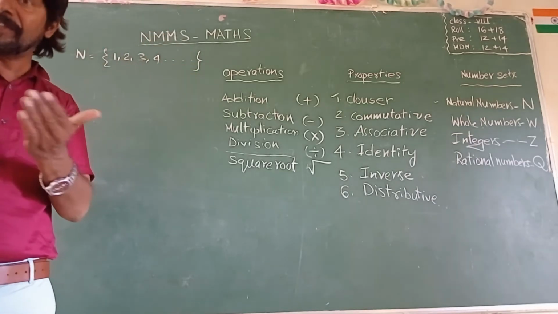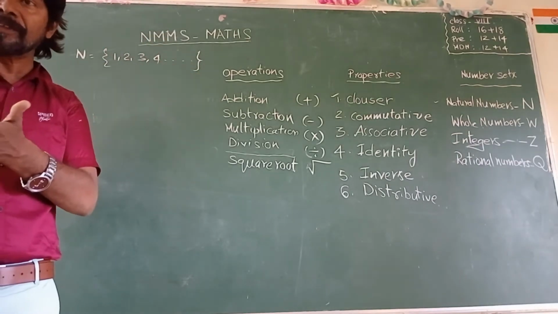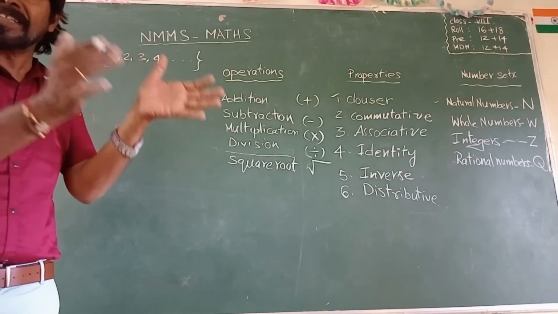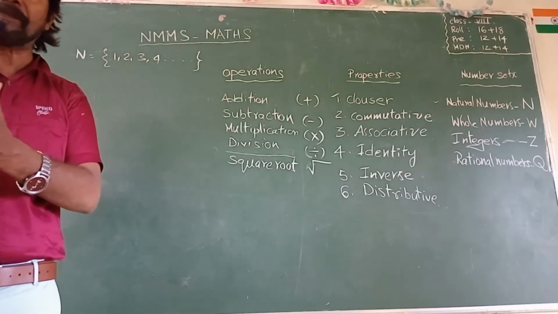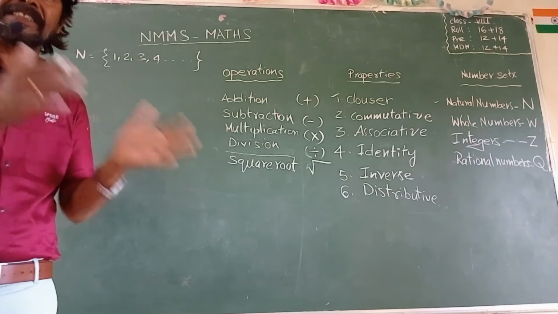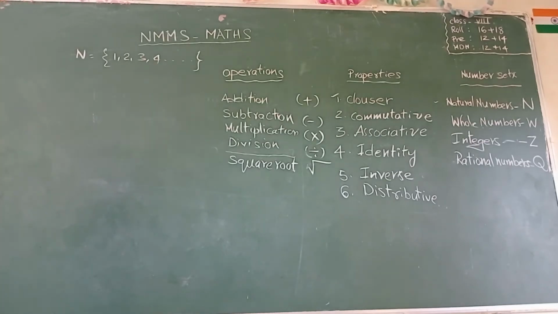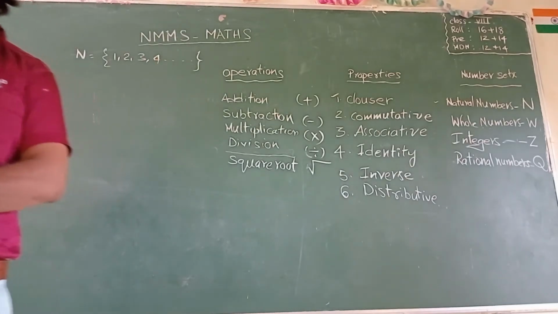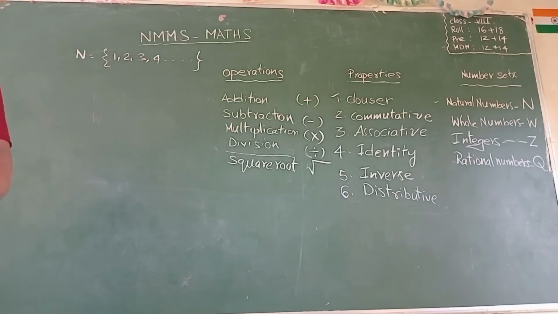If you do addition, it is closed under addition. If you do subtraction, it is closed under subtraction. If you do multiplication, it is closed under multiplication. Understand? Yes, sir.